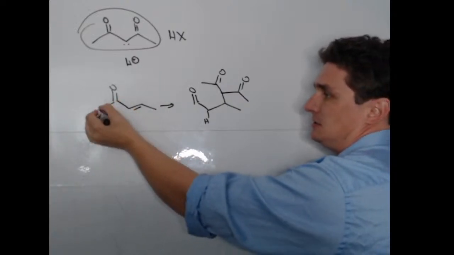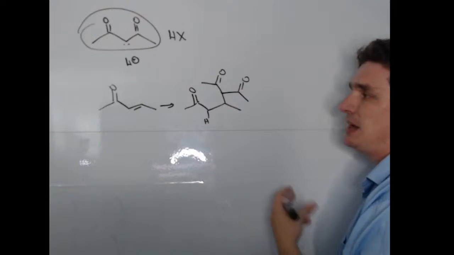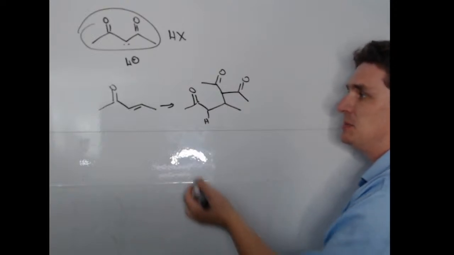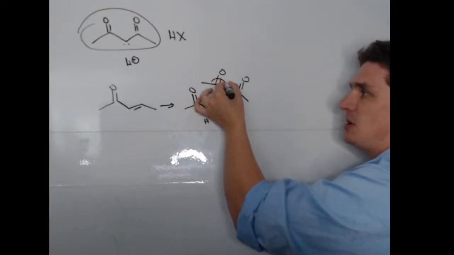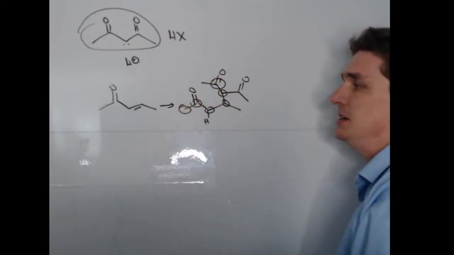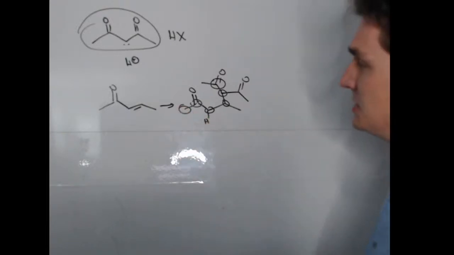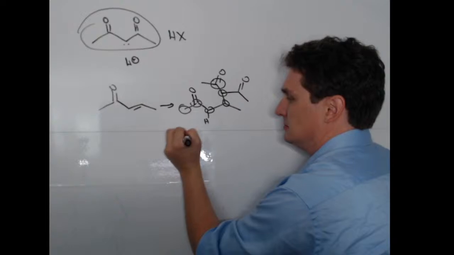So I need to draw an extra methyl group here, otherwise this won't work. So the driving force for the Robinson annulation is a 6-membered ring. So what we do is we start cutting out from a carbonyl 1, 2, 3, 4, 5, 6. So it's only if we have an alpha hydrogen here can we do this, but this is just an internal aldol condensation.